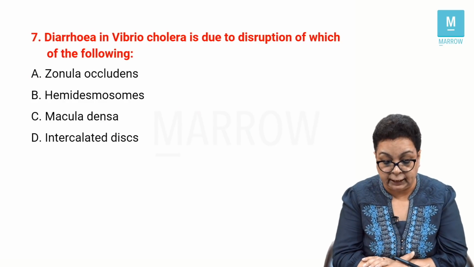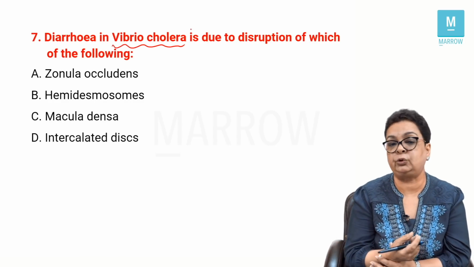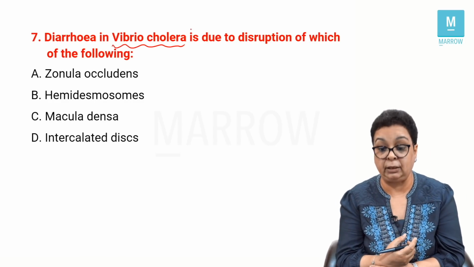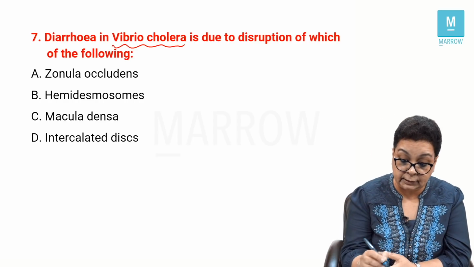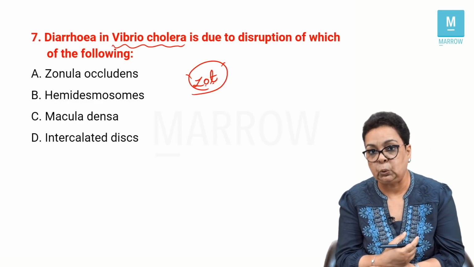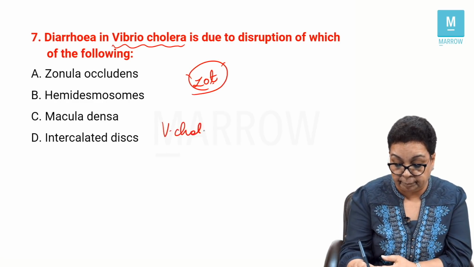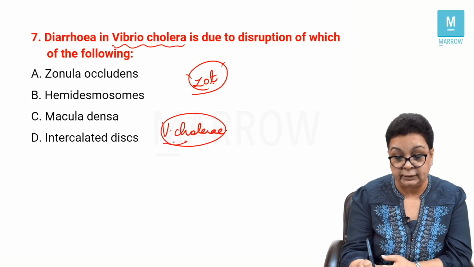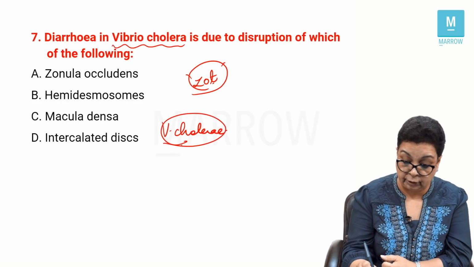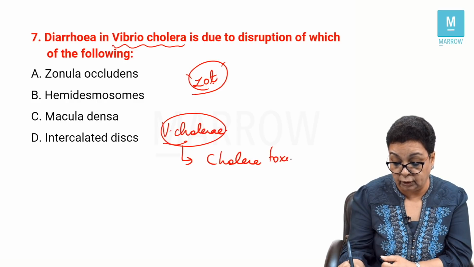Okay, next question: diarrhea in Vibrio cholerae is due to disruption of which of the following? This is a repeat question. It was asked about 5 years back in the AIIMS exam. It is asking us about the zonula occludens toxin of Vibrio cholerae, right? Vibrio cholerae, basically O1 and O139, which cause the disease cholera, produce of course the cholera toxin, also called choleragen.